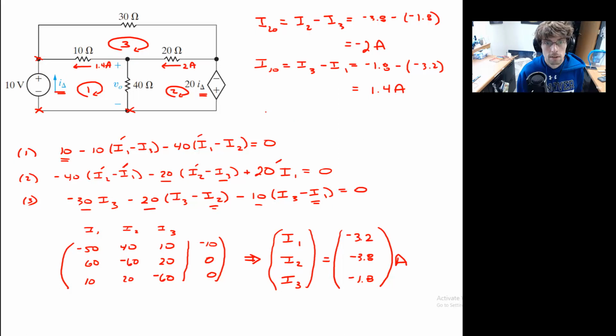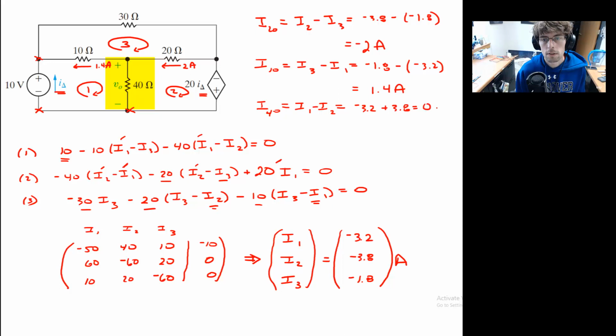How about I40 through the 40 ohm resistor? Well, you can kind of see what's going to happen here. Let's do I1 minus I2. Boy, it really wants to put that extra bar in there. And so we get negative 3.2 plus 3.8.